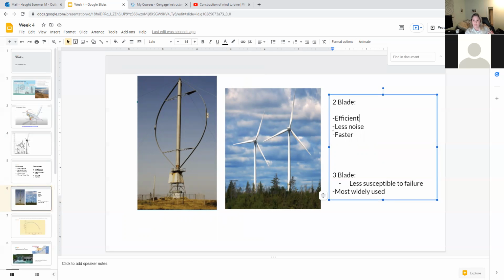That's why we don't use it in large scale applications. The negative though is that because it only has 2 blades, it is pretty efficient and really fast. So it is not great that we have to use the 3-blade ones, but we use them because they're designed better, in the sense that having 3 blades makes it less susceptible to failure because it doesn't have to worry about balancing between the 2.